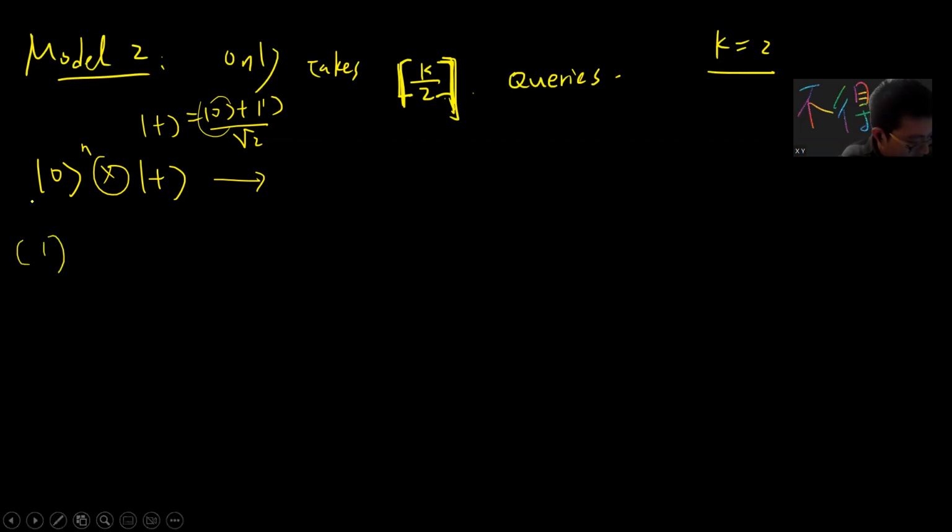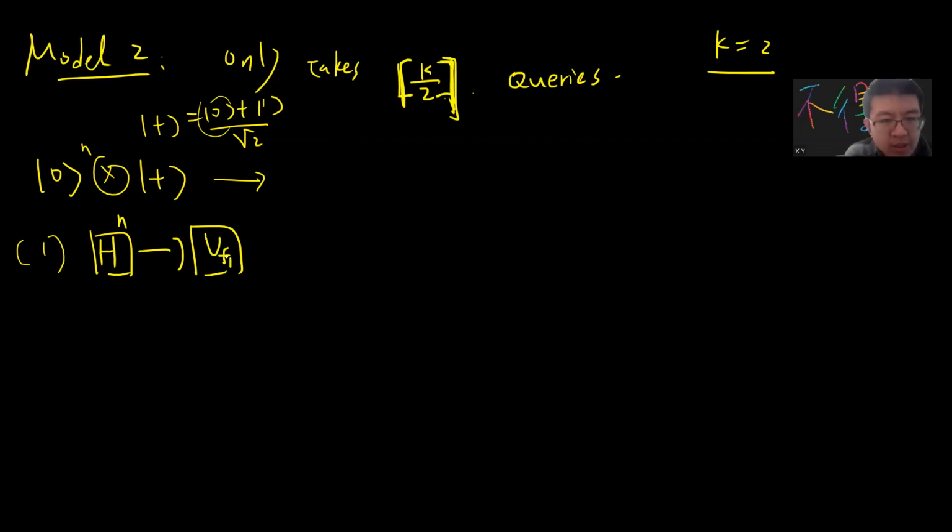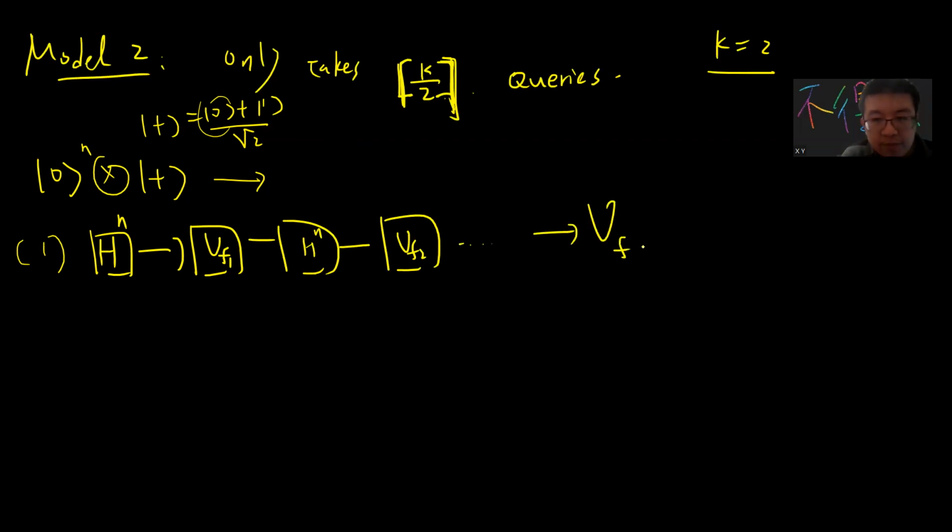I start from h to the n, and I do the f1 query. Let me just use uf1. It's fine. And I do h to the n, and I do the uf2, and I get u of fk divided by 2, and then take the ceiling.